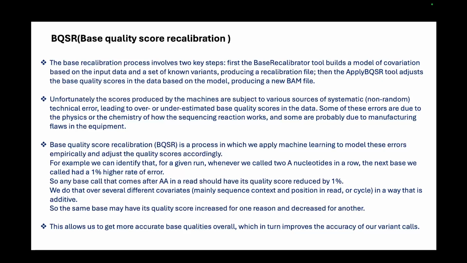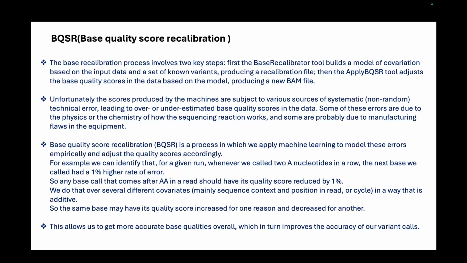What does this mean? For example, say for a given run, two A nucleotides were called in a row, and the next base had a 1% higher rate of error. What this software will do is check in the whole genome where there are two A's together, and the quality of the nucleotide next to the two A's will be reduced by 1%. There can be multiple covariates like this.